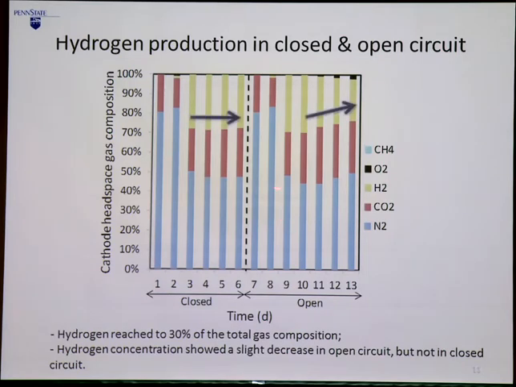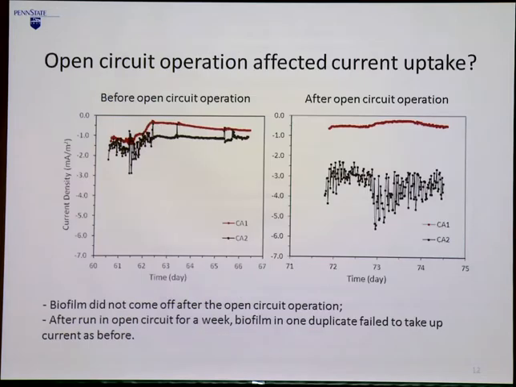However, there was a difference in the hydrogen concentration later in the batch, which showed a decreasing trend in the open circuit, but not in the closed circuit. Another thing we detected is that before the open circuit operation, the two duplicates responded similarly, but after the open circuit, one of the biofilms just failed to take up current again.